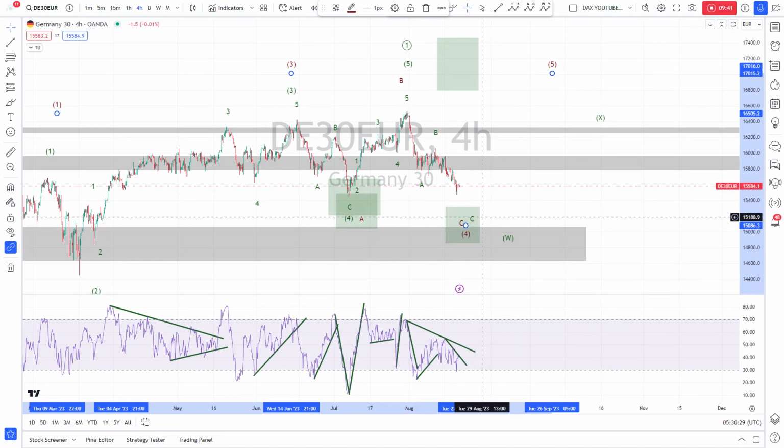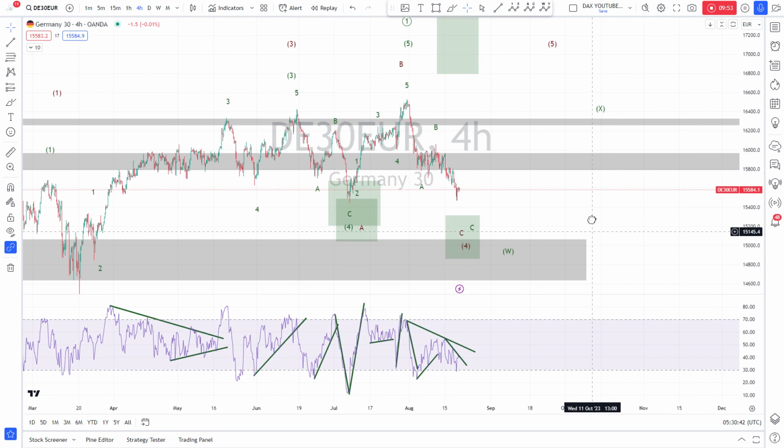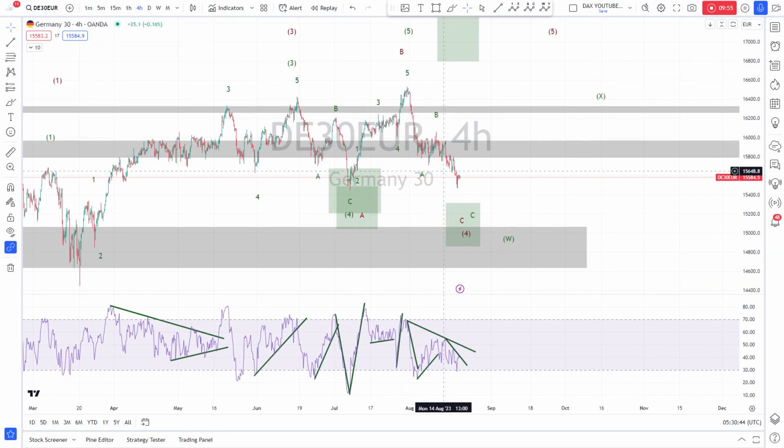So therefore, a long from here also seems like a good idea. Now the difference is that if we get the expanded flat structure, I would expect that we can go deeper into this area.